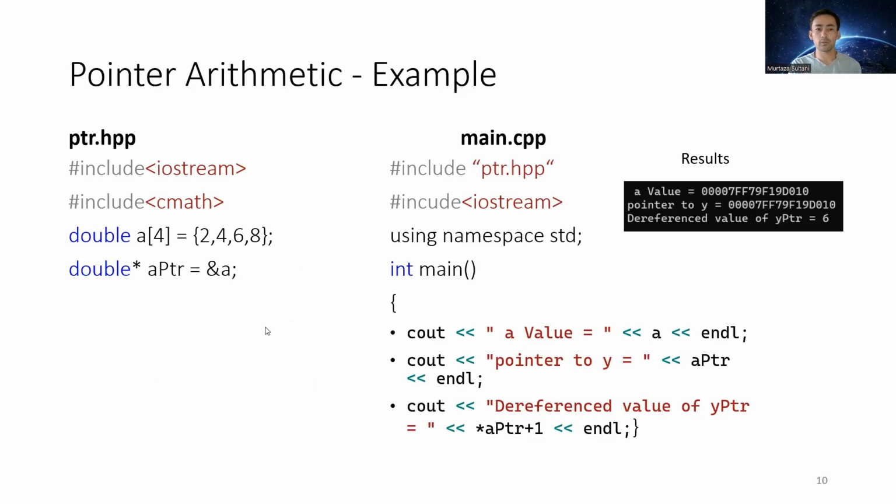Now we go to an example of pointer arithmetic. We have an array, and we use pointer arithmetic to reveal the address of each element in the array. Now I go to Visual Studio.